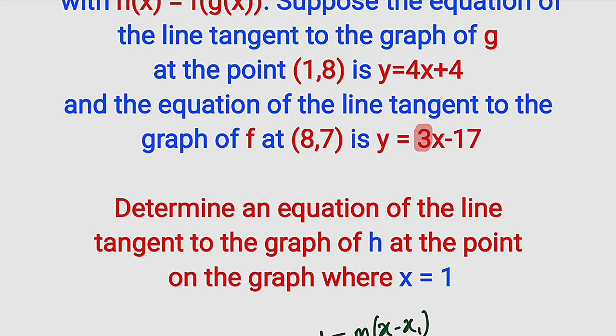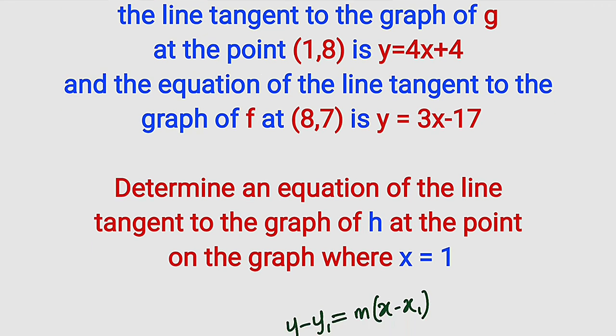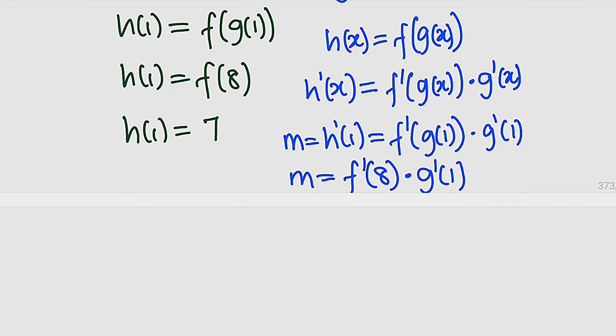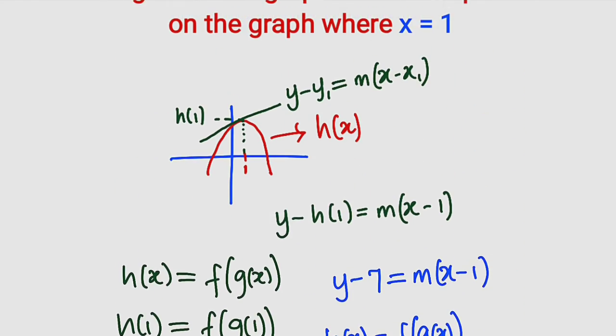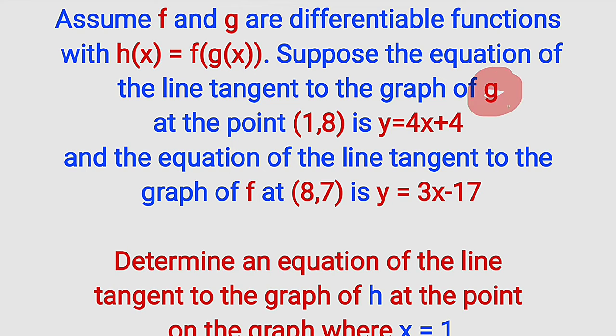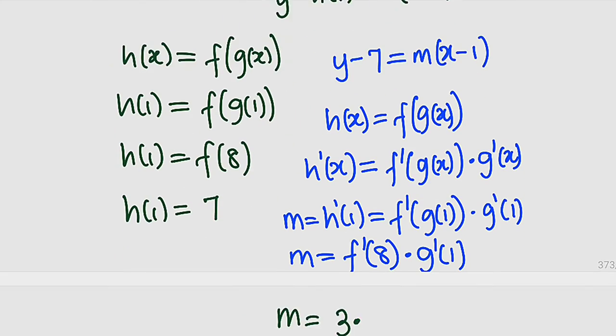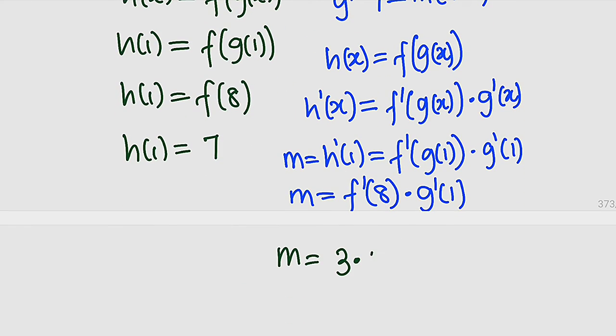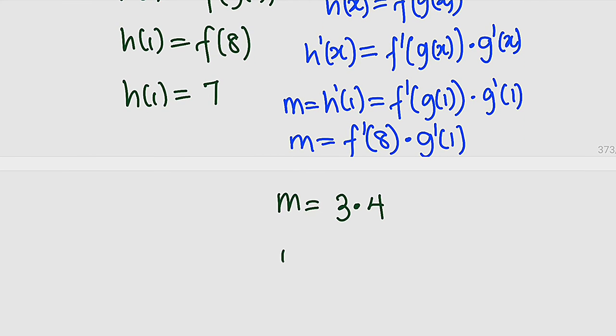Therefore, f prime of 8 must be equal to 3. So we have m equal to 3 multiplied by g prime of 1. We need to differentiate g and plug in 1. Where is g? This is our g. If you differentiate it and plug in 1, you're going to obtain 4. So we substitute 4 here, multiplied by 4, and therefore m is equal to 12.